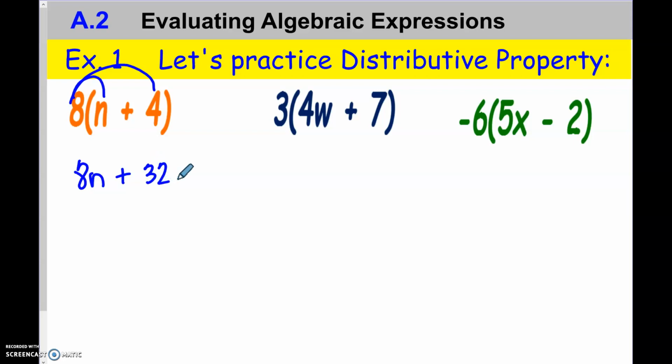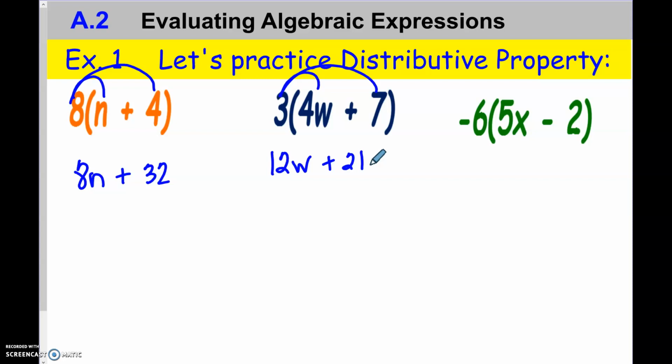So that's using your distributive property. All right, stop and try the next 2, and then resume your video. All right, 3 times 4w. 3 times 4 is 12. Oh, and that's a w, not a y. And then we have to multiply 3 times 7, which is 21.